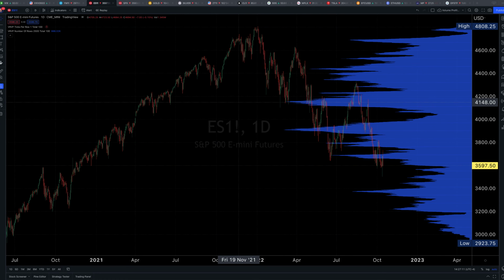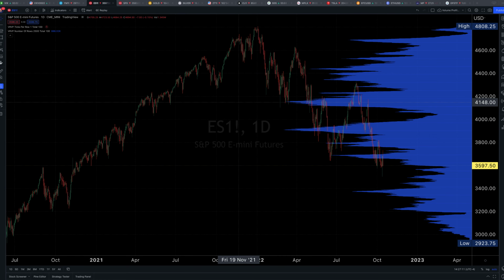What I found was that it wasn't so much the point of control that everybody else is talking about, which is the highest point on one of these nodes. And it certainly wasn't this arbitrary area that they call HVNs and LVNs, which is nothing more than an arbitrary measurement of the amount of volume contained within a particular area, which never really made any sense to me.